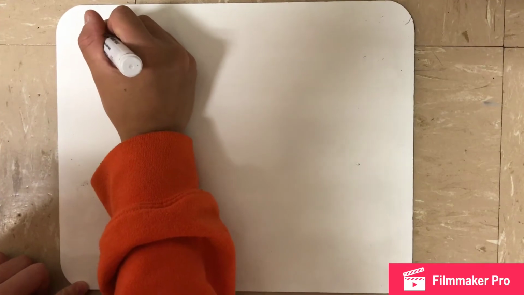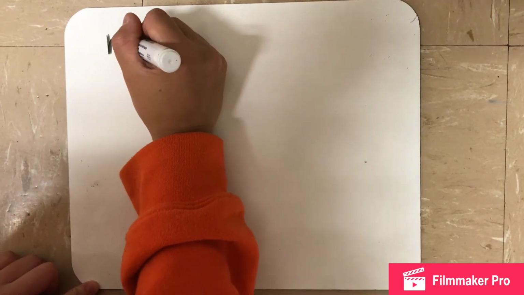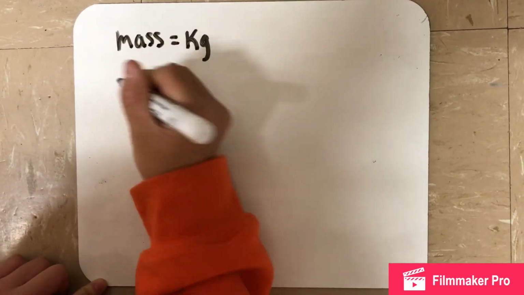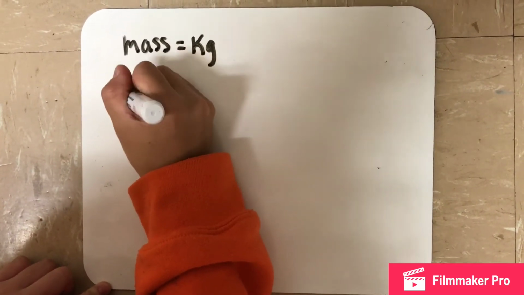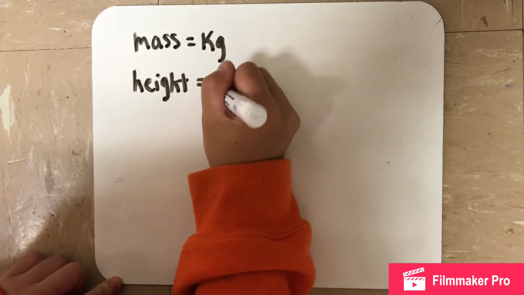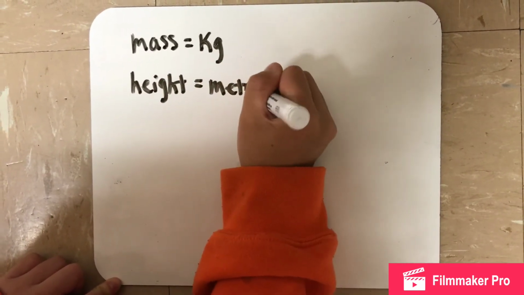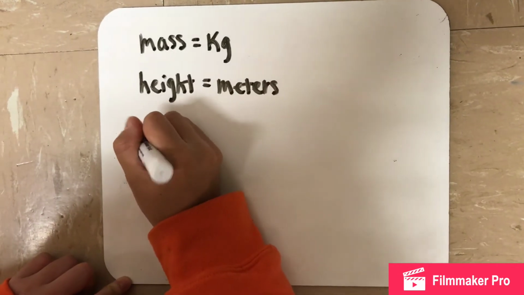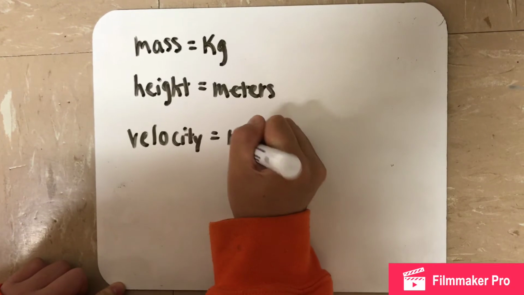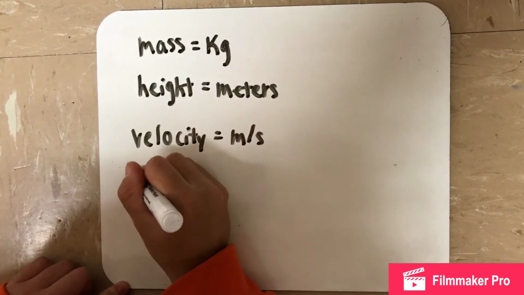So the units that we will be using: mass is going to be in kilograms, and for the height, which was represented by the variable y, it will be measured in meters. Velocity is measured in meters per second.